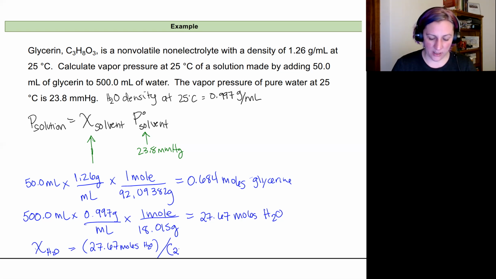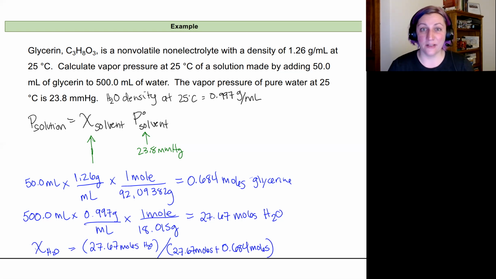So it'll be that 27.67 moles plus my 0.684 moles. So my total number of moles of my solution is not that different than the moles of my solvent, right? So I actually get a value that is, not surprisingly, 0.97589. Keeping all my digits, I'll round at the end. And that doesn't have units, right? Because my units cancel.